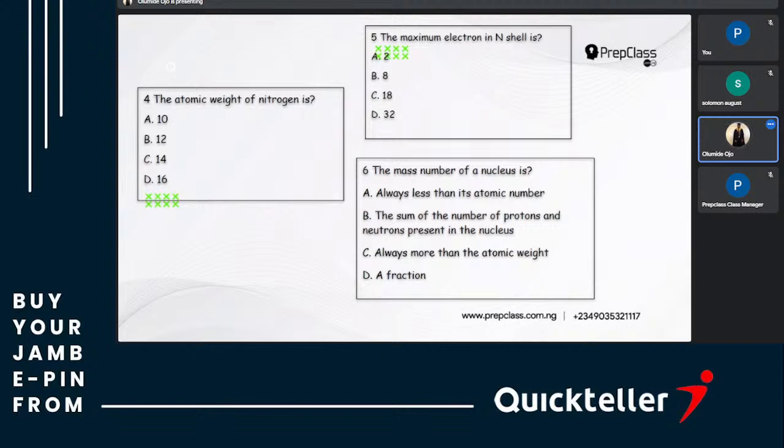Now, the atomic weight of nitrogen. Nitrogen is 2,5. That belongs to group 5 of the periodic table. So the atomic number is 7, while the mass number is 14. So the atomic weight of nitrogen will be what?